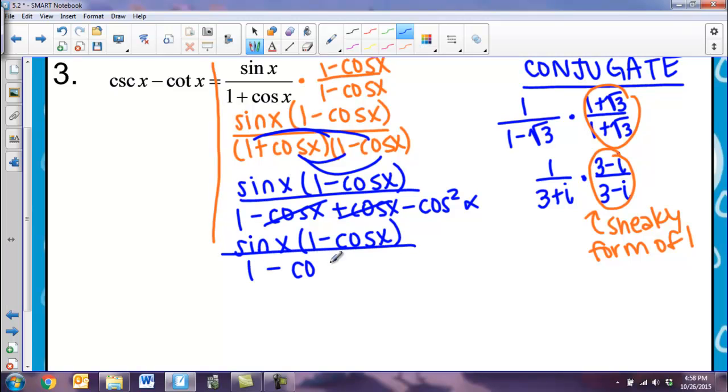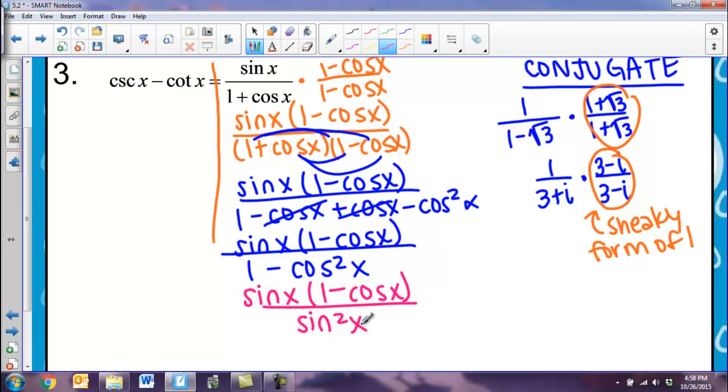If we remember my Pythagorean identity, because here we have a 1 and a squared term, if I solved it out, I would know that 1 minus cosine squared x is equal to sine squared x. So this bottom is sine squared by the Pythagorean identity.